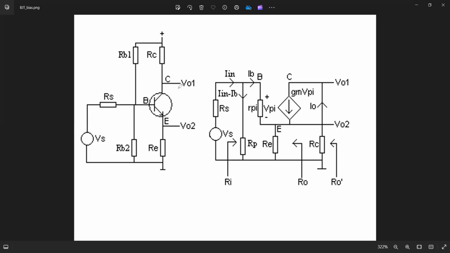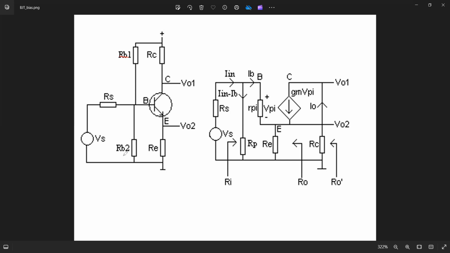In the presence of resistor RE, the gain is independent of the transconductance parameter of the BJT, which may vary with the temperature. And now with the RE available in the circuit, the gain of the circuit is given by the ratio of RC over RE.